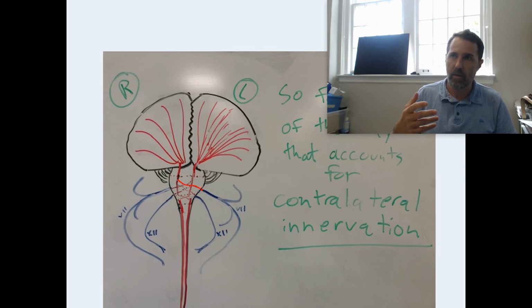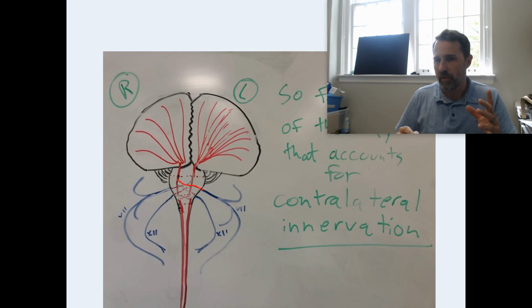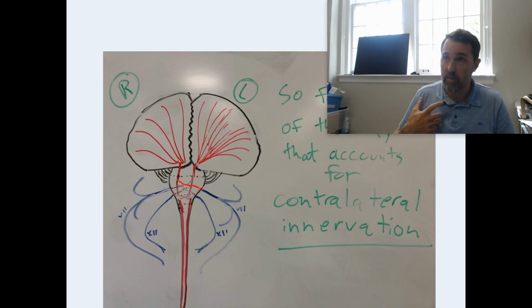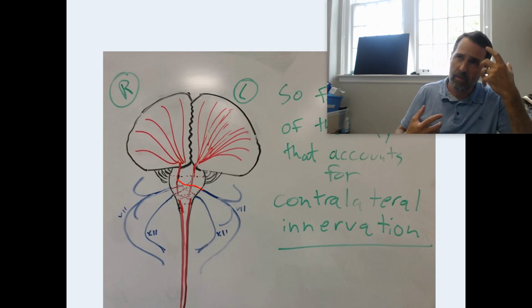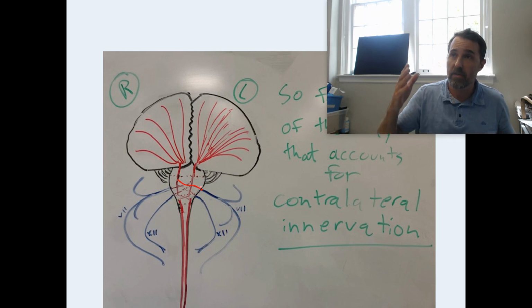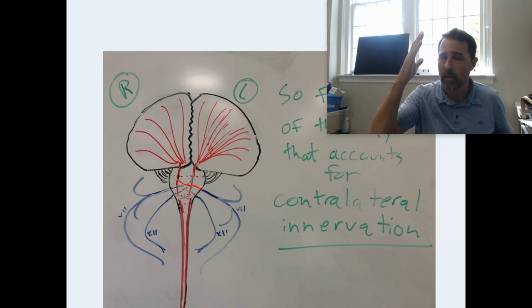I got my hands mixed up. Everything on the right side of your body receives motor plans from the left cerebral hemisphere, and all of the left side of the body receives motor plans, volitional motor plans, from the right cerebral hemisphere.